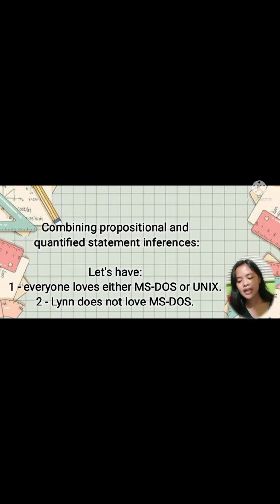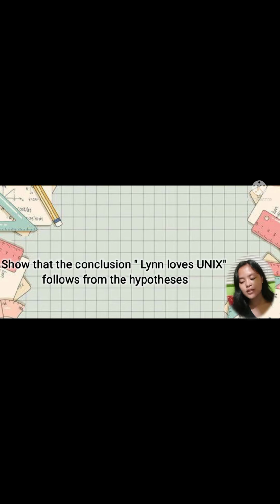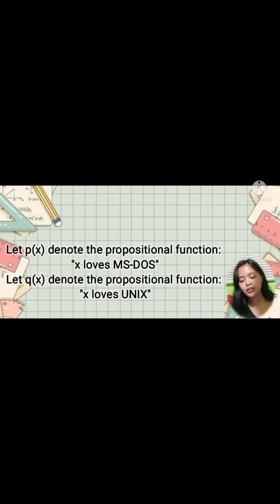Combining the propositional and quantified statement inferences. Let's have one. Everyone loves either MS-DOS or Unix. Number two, Lynn does not love MS-DOS. Show that the conclusion 'Lynn loves Unix' follows from the hypotheses. Let P(x) denote the propositional function 'x loves MS-DOS'. Let Q(x) denote the propositional function 'x loves Unix'.